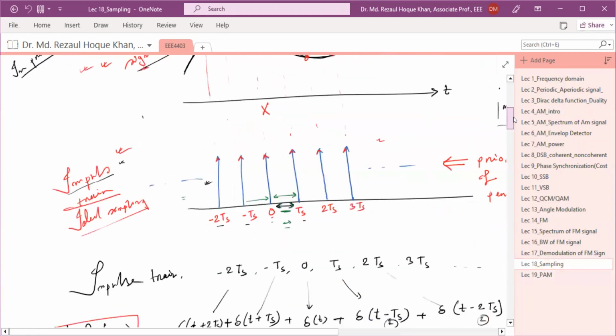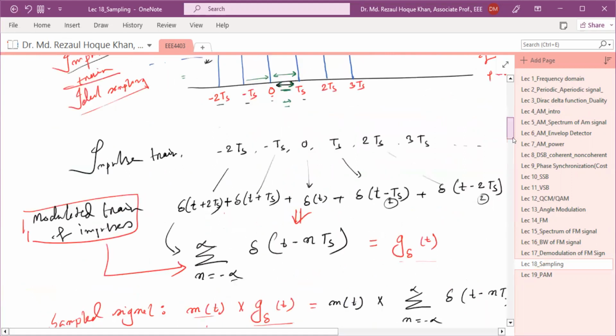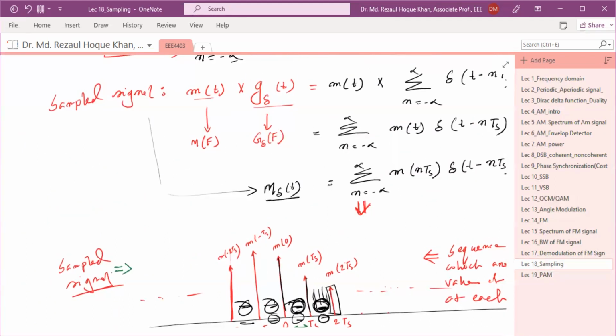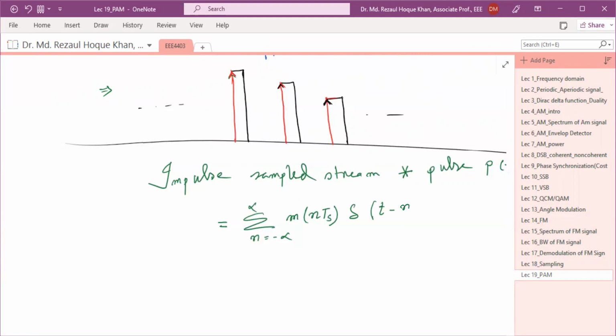We have a stream of ideal impulses, which is sampled by the varying signal amplitude, and we end up with the impulse sampled stream, which is expressed by this equation: the sum over n from minus infinity to plus infinity of m(nTs) delta(t minus nTs).